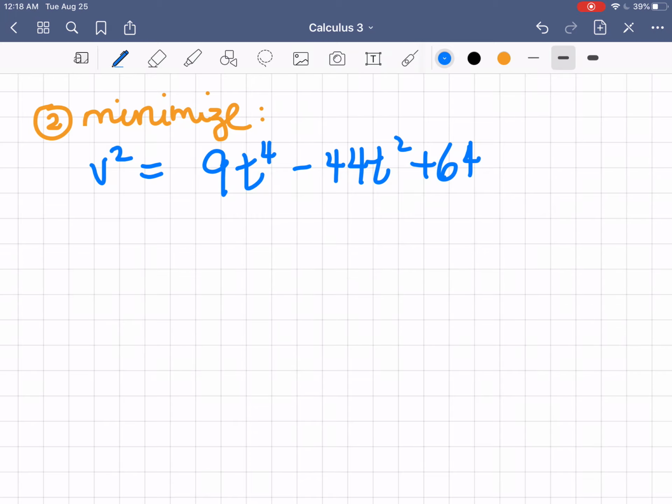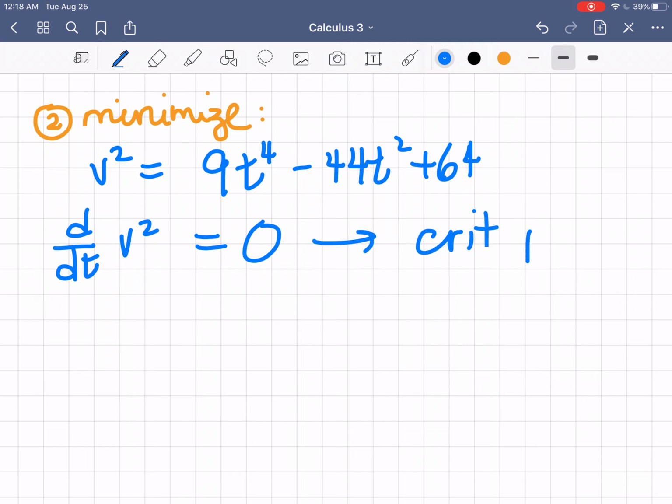Well, we've got to go back to Calc 1 and remember that what we do is take a derivative, set it equal to 0, and then you get these critical points. And those critical points will tell you where you have maxes and mins.